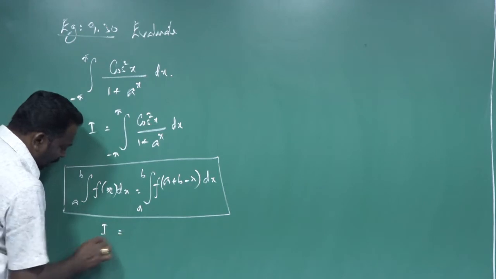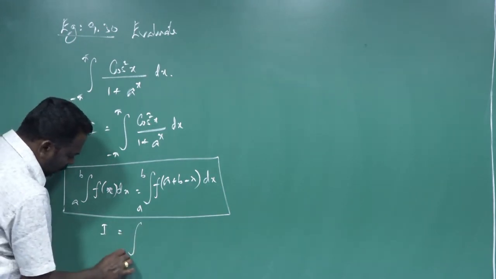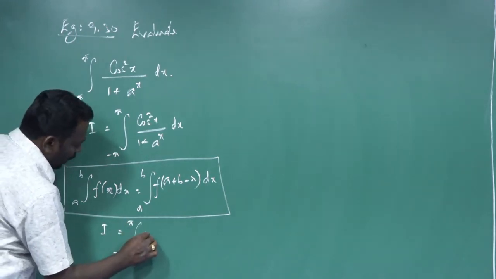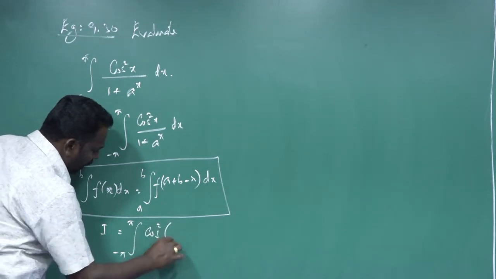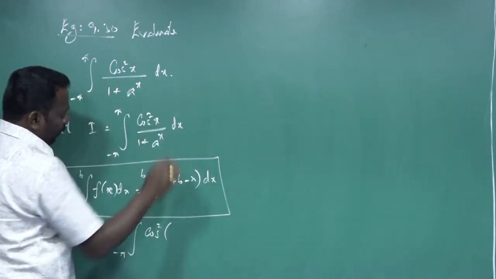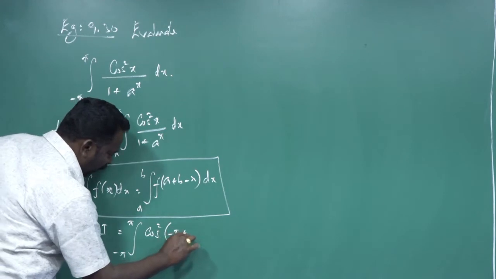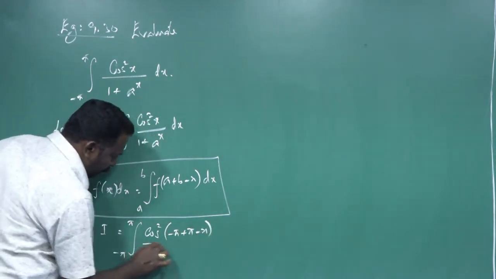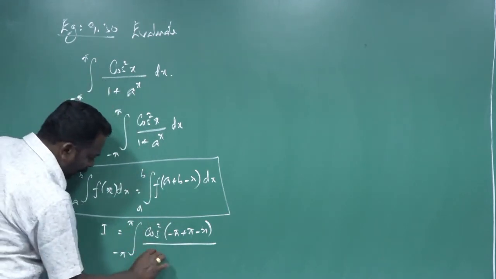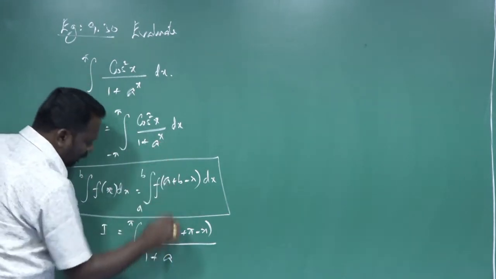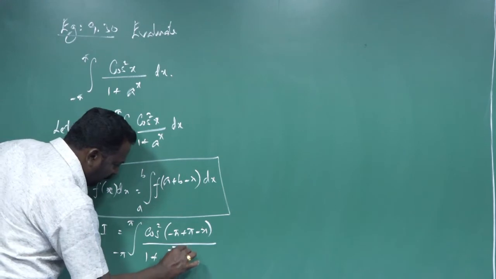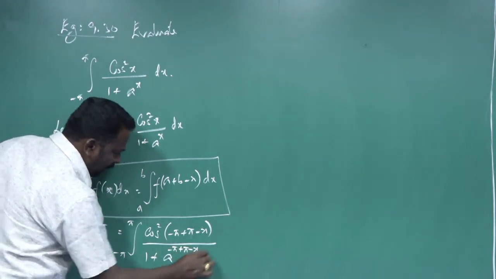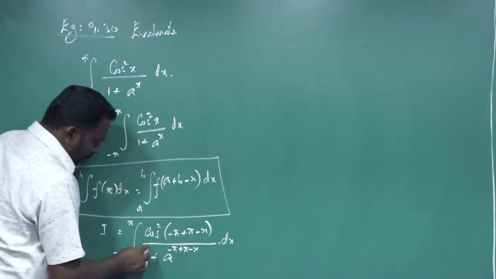Therefore the given integral I is equal to the integral from minus pi by 2 to plus pi by 2 of cos square of (minus pi plus pi minus x) by 1 plus a power (minus pi plus pi minus x) into dx.